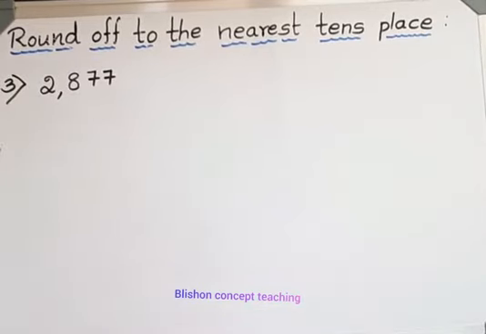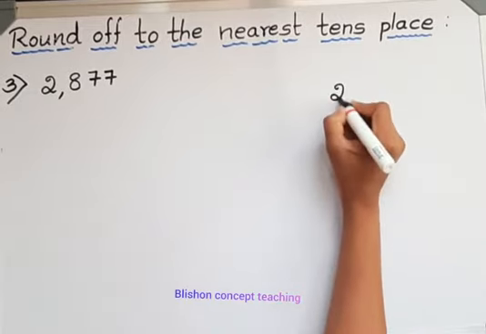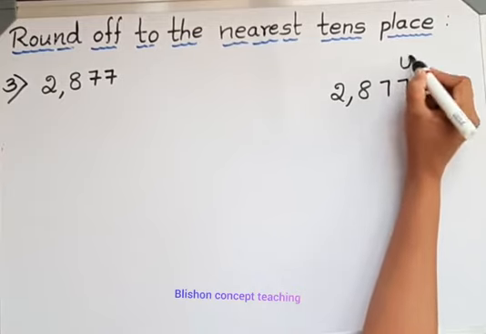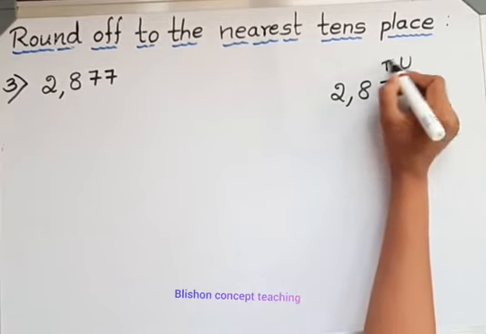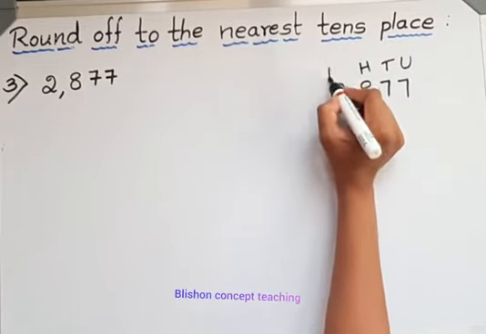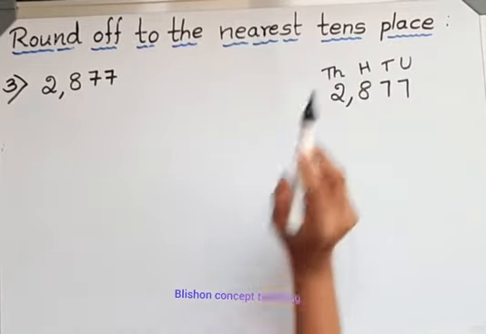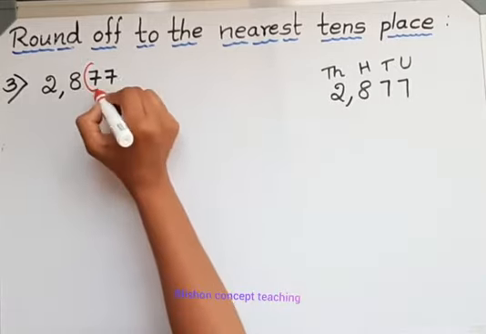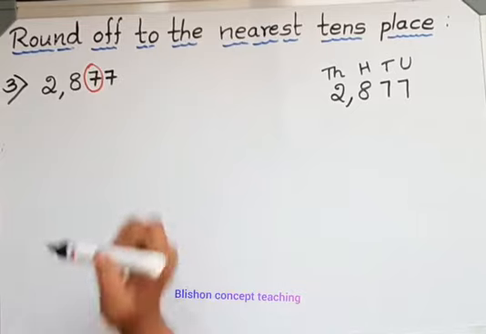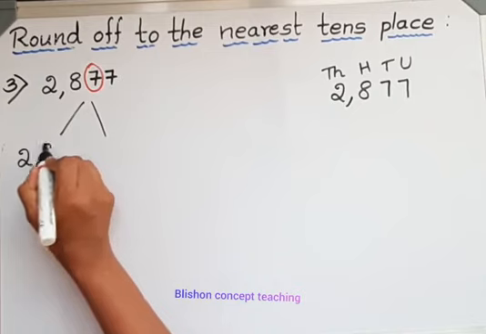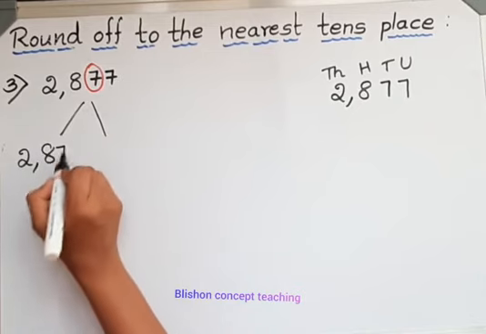Third problem, 2877. 7 is in the unit place, 7 is in the tens place, 8 is in the hundreds place, and 2 in the thousands place. We have to round up for the tens place. I will write as it is 2, 8 and 7.